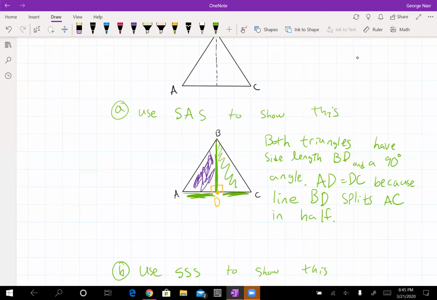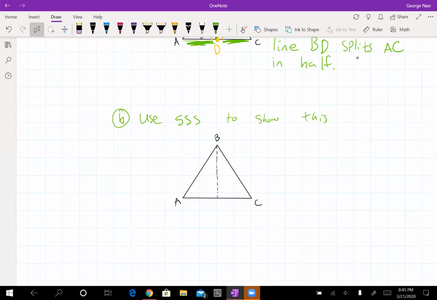So indeed, we have a side, an angle, and a side, because AD equals DC. We then have an angle of 90 degrees in between, and then the last side, BD, is shared by both triangles.